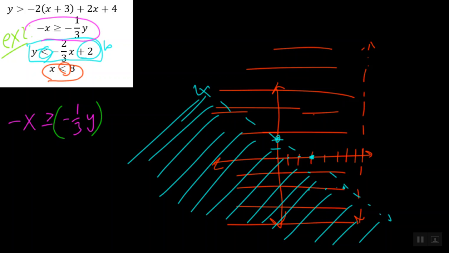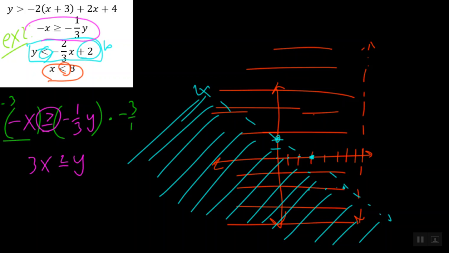The reciprocal of -1/3 is -3/1, which is just times -3. A negative times a negative gives us a positive 3x. And don't forget, whenever we multiply or divide by a negative, our inequality flips. So greater than or equal to becomes less than or equal to y.